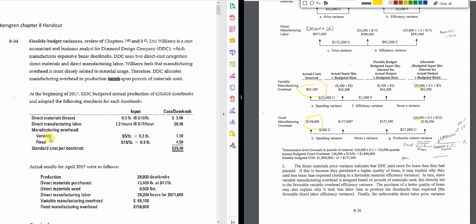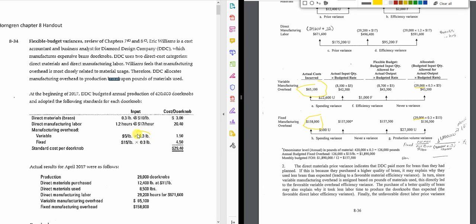And so my variable overhead is $5 a pound times 0.3 pounds. So again, pay attention to, notice they have the costs over here and the hours and pounds over here, and then they've suddenly flipped it. So just make sure you read your labels. It's just an attention to detail, and accountants need an attention to detail. So kind of pay attention to that.